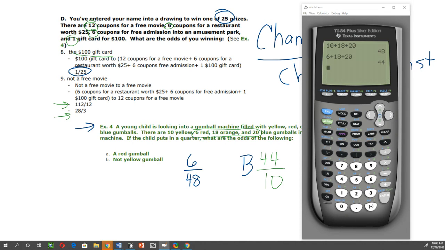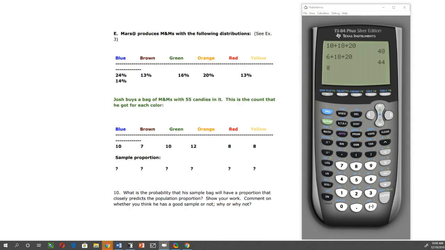So how many gift cards over how many aren't gift cards? The $100 gift card. All right. Not a free movie. How many are not a free movie? So count the numbers that aren't free movies over the numbers that are free movies. And don't let these numbers confuse you. You're not using these numbers at all. That's just telling you what the gift is. So use those to create your odds.